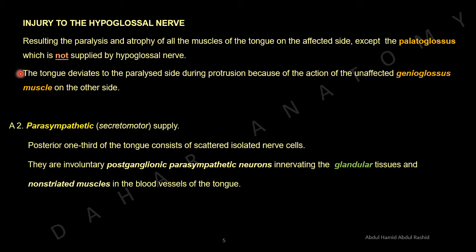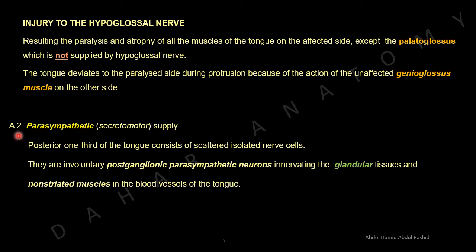The tongue deviates to the paralyzed side during protrusion because of the action of the unaffected, that is normal, genioglossus muscle on the other side, which is protruding the tongue. On the affected side, the muscle cannot protrude, so the tongue will be deviated to the affected side.